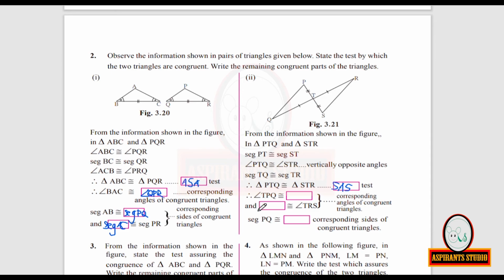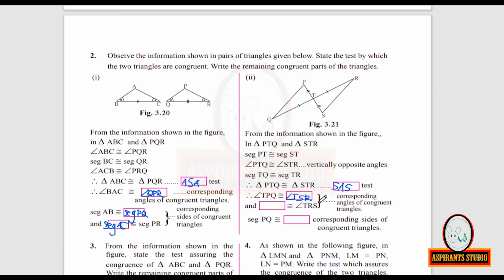So now angle TPQ is congruent to angle TSR, because T corresponds to T, P corresponds to S, and Q corresponds to R. So angle TPQ is congruent to angle TSR.